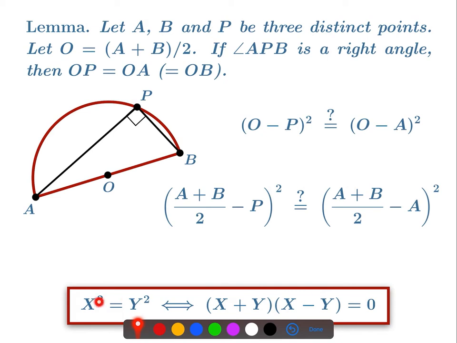So this looks like something fairly simple here, just a little algebra, but keep in mind this is not really what this is saying. These are vectors, and this is saying the length of the vector x equals the length of the vector y, or the length squareds, are equal if and only if you take the vector x plus y and the vector x minus y, and their dot product is 0, so that means these vectors are perpendicular.